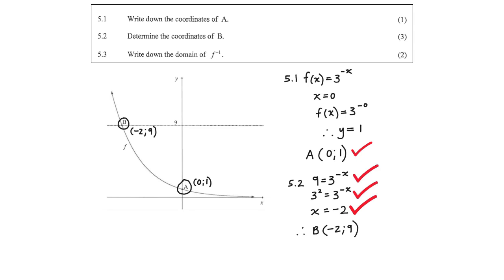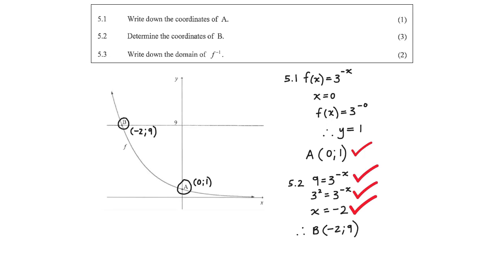So the y values of this function f will be all y values from 0 to infinity. But 0 is not included because 0 is a horizontal asymptote. So the range for the function f will be 0 to infinity. And then the domain of the inverse will be similar to this.